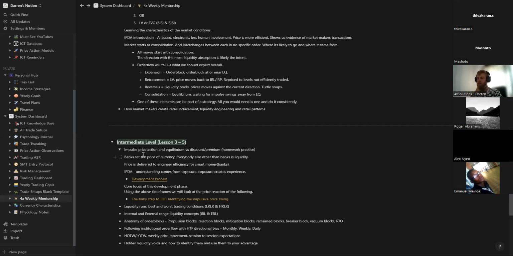My question is regarding the market phases, right? Expansion, retracement, reversal, and consolidation. In expansion, we have marked the reference point as order block at near equilibrium, right? For expansion.